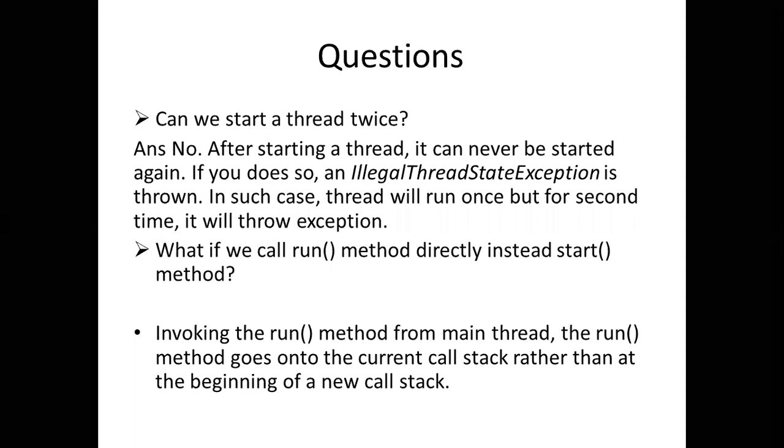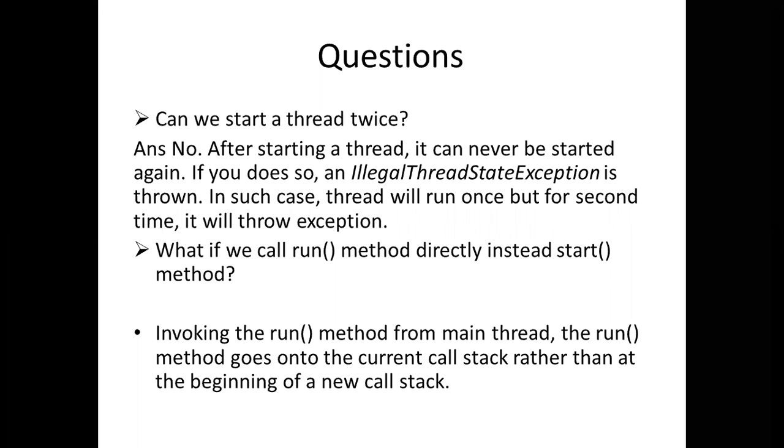Now what if we call the run method directly instead of the start method? It will invoke the run method from the main thread. So the run method will go into the current call stack. It will not go to the beginning of a new call stack, but it will start from the same call stack. So it will not show you a particular thread state, but it will act as a normal object.